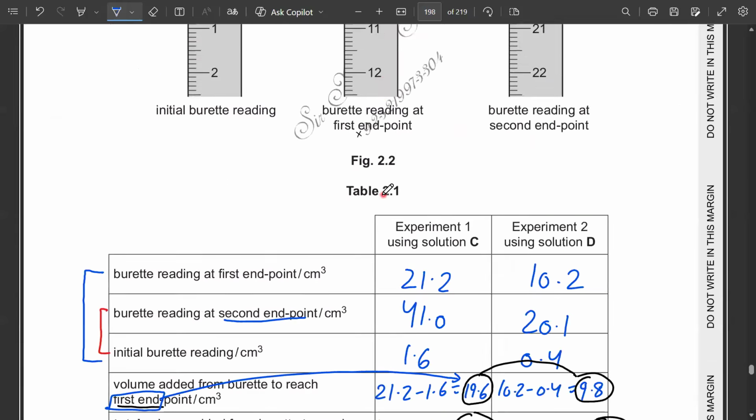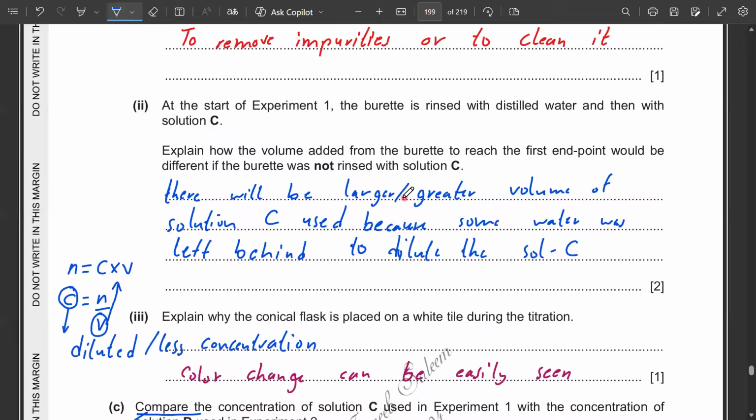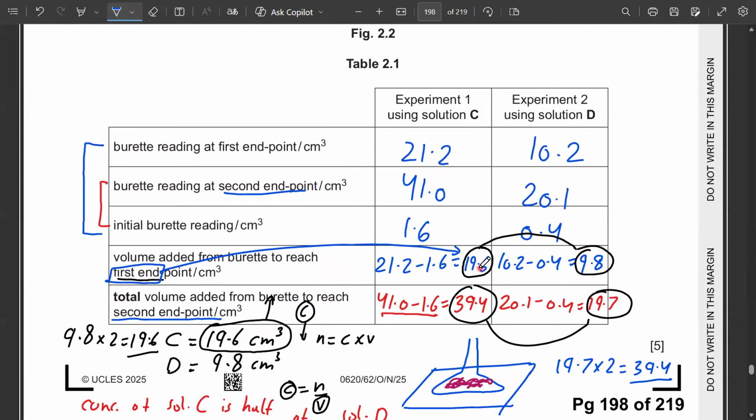But in our question, we are supposed to use 50 cm cube of the solution B. So that means you have doubled it. If you have doubled the volume of the solution B, it will also require double the volume of the solution C. So the volume of solution C used at the endpoint would also be 2 times this value, 19.6.